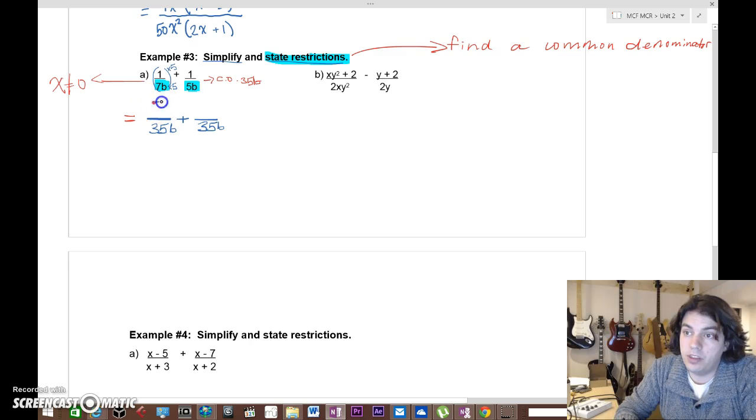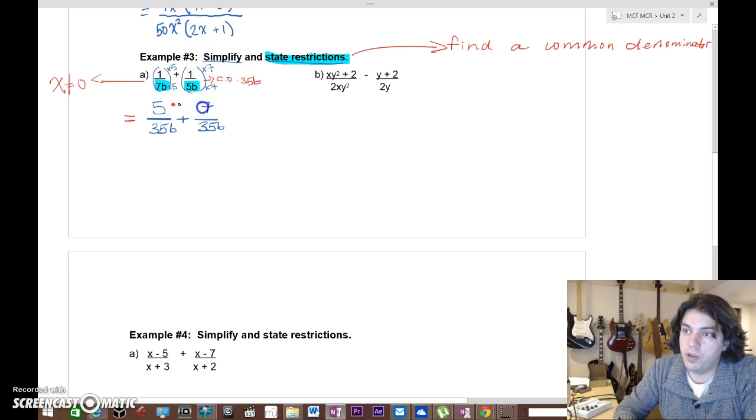And what we end up with is 5 over 35b. Now here, to get 35b as a common denominator, I have to multiply the bottom, which is currently 5b, times 7. And if I multiply the bottom by that, then I also have to multiply the top by 7.